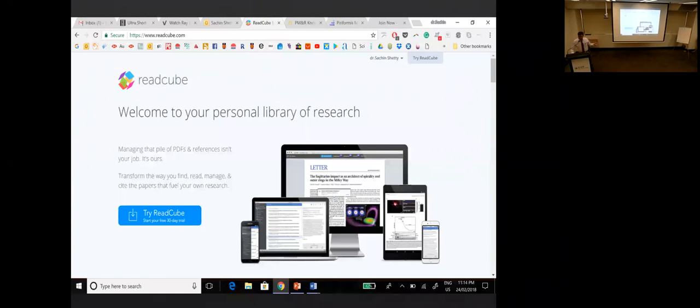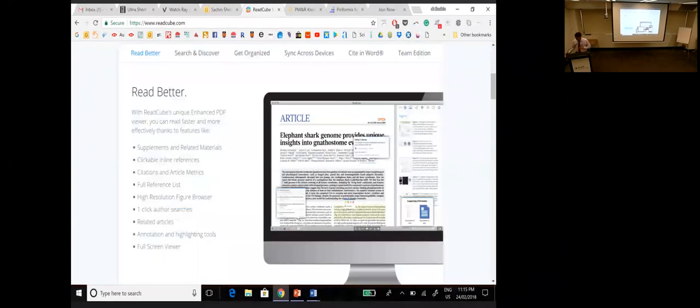What this does is it will access all your PDF articles, everything that you have downloaded or saved from review articles. Let's say it's in one folder on your computer. What this will do is learn that, and make it look so much nicer. You have the article, and it's all smart articles.